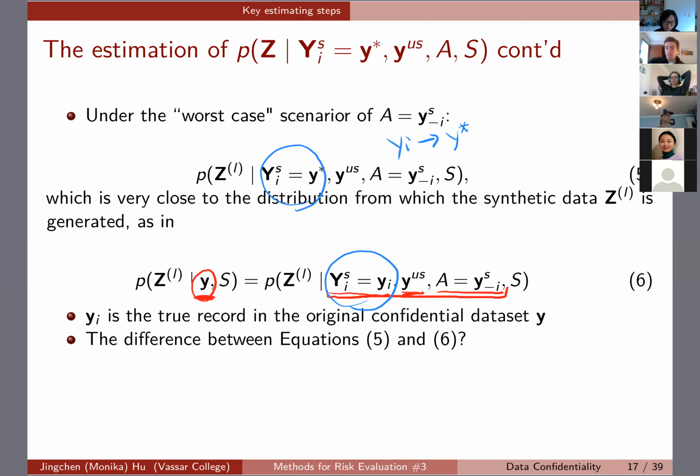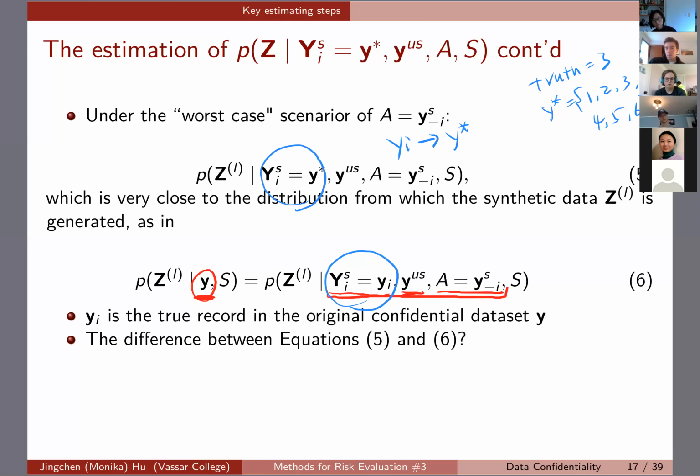If we go back to the working example, let's say the truth was 3, and then we have 1, 2, 3, 4, 5, 6 different possibilities. If I want to estimate my equation 5, without any kind of computing techniques, I have to go back to the model. I'm going to use the same model, but I have to estimate the model 6 different times, because each time I have to replace my y_i with my y star. That's what equation 5 is doing.